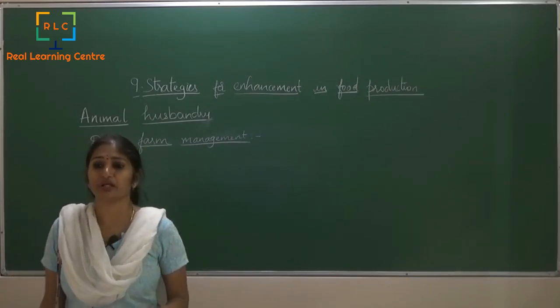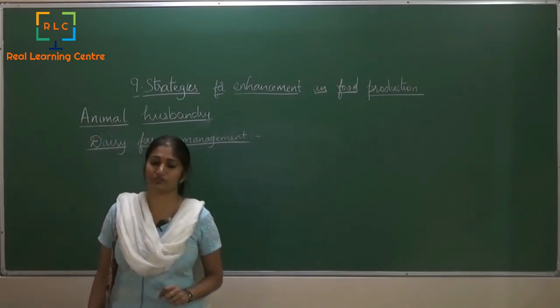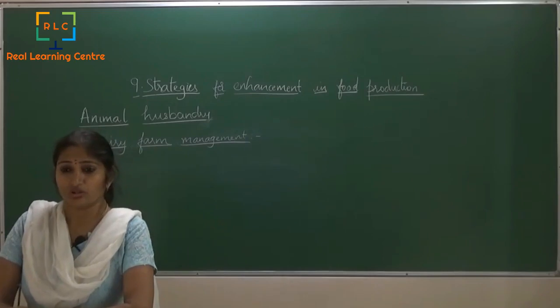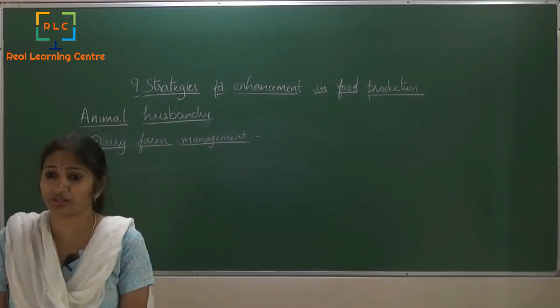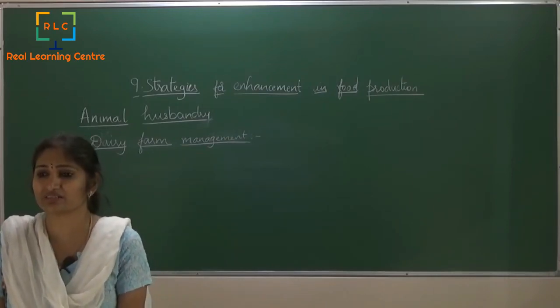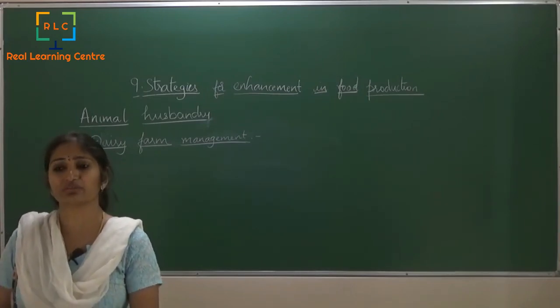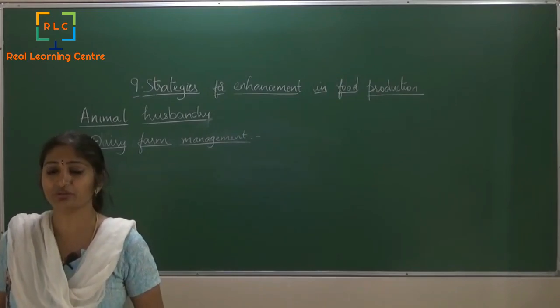At the same time, the quality of the milk should be good enough for consumption. So, what do you think would be some of the technology that can be implemented here to increase the yield and the quality? Obviously, we have some kind of farm management systems here, and let us discuss them now.